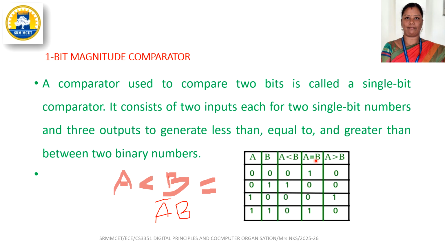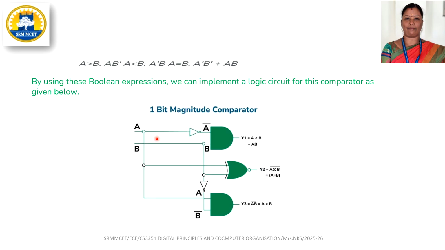So A equal to B is equal to A bar B bar plus AB. We will see the formulas here. A greater than B is equal to A B bar. A less than B is equal to A bar B. And A equal to B is equal to A bar B bar plus AB.